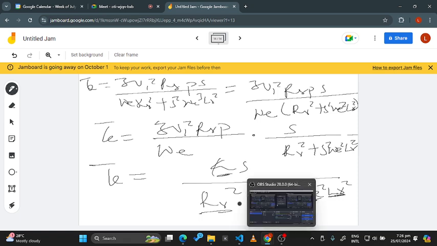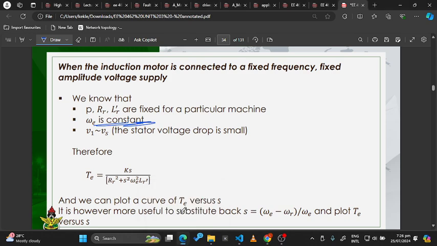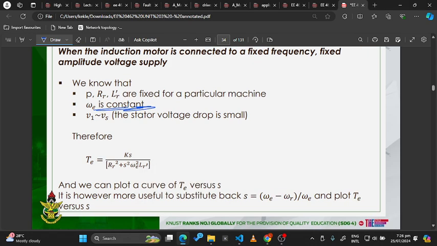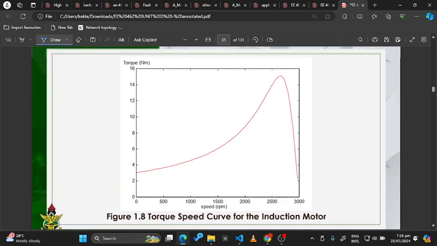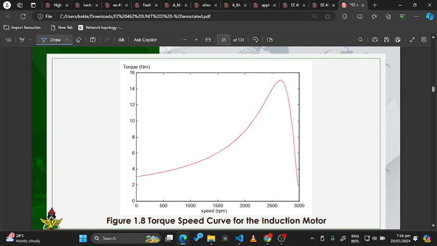So that leads us to this graph over here. This is a graph of the torque speed characteristics of the induction motor. This is the rotor speed increasing from 0 to the synchronous speed.